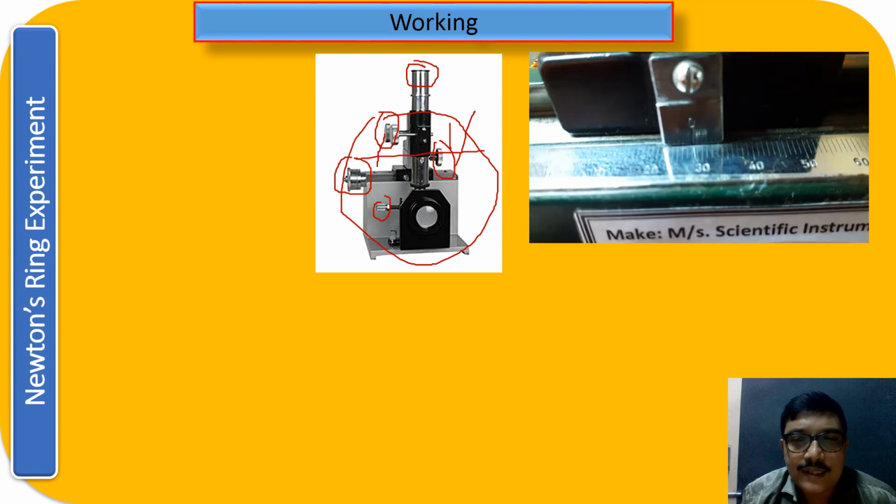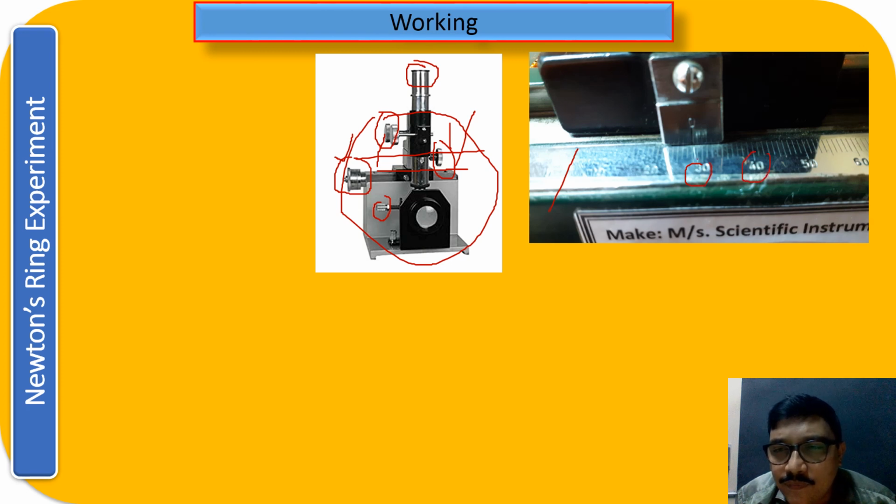Right, now I said there are two scales. One is the rotating scale, the head scale, and the horizontal scale we say is the pitch scale. This right-hand side is the pitch scale. If you look at this pitch scale, this is 30 and 40.